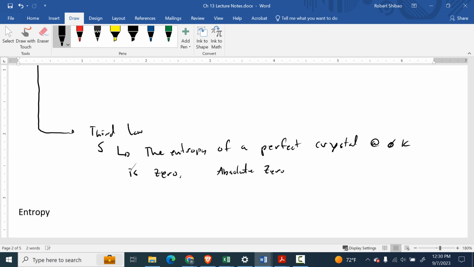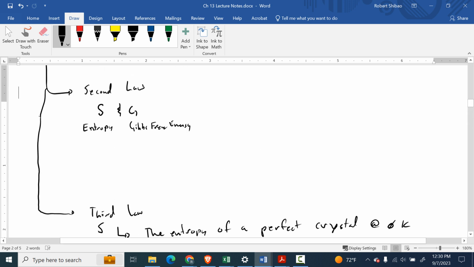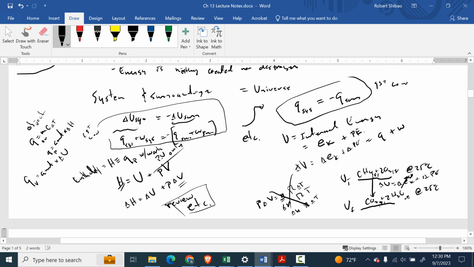For example, if I wanted to measure the internal energy of this table and get the absolute internal energy of this table, what is it? Or maybe not this table, let's say a glass of water.